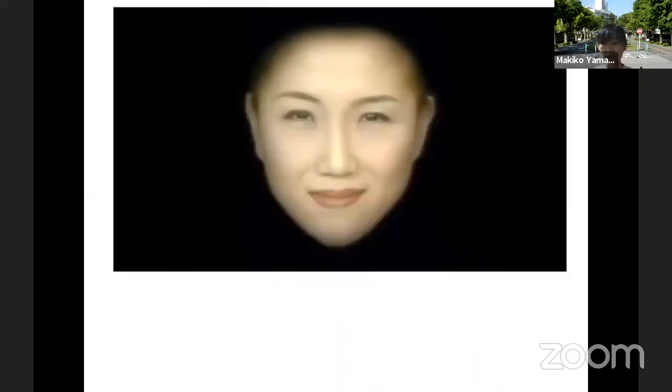And then with a similar idea, we have prepared stimuli by morphing between sad and happy faces like this. The happy face is getting sadder.